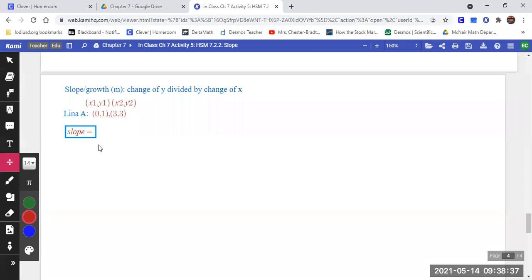Isn't change just the same thing as saying difference? We want to find the difference between them. So what does change mean?